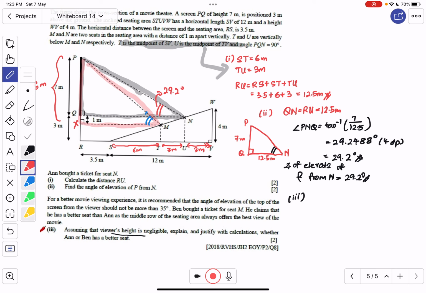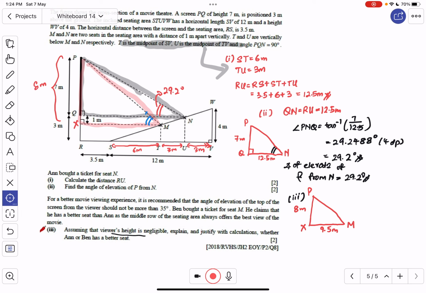So if we look at this triangle here, which is PXM, I define a new point X. This would be 8 meters, and this would be 9.5. How do I get 9.5?